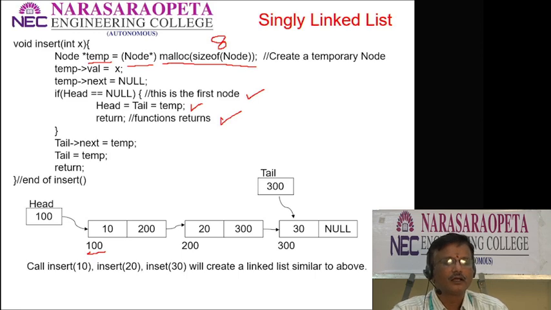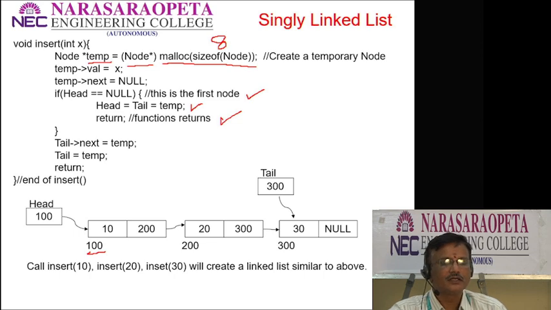And 20 will be stored in this node in the first variable, that is the val, and the next will be null. Here I am storing null. Assume that we have created the second node, and the initialize function has returned 200. So temp is now pointing to 200, and here I have stored 20, and here I have stored null.